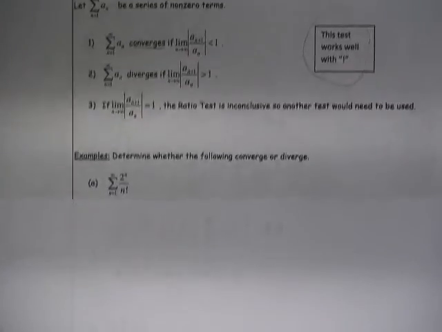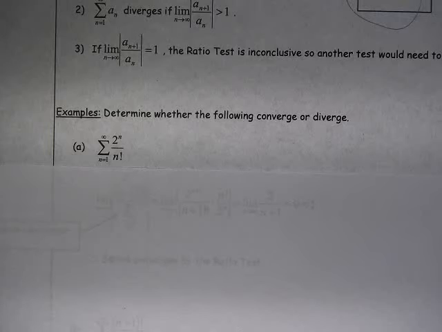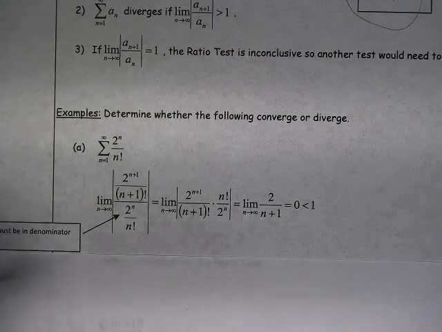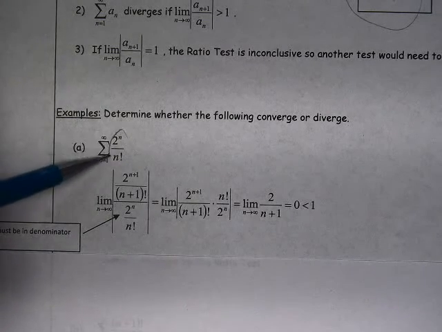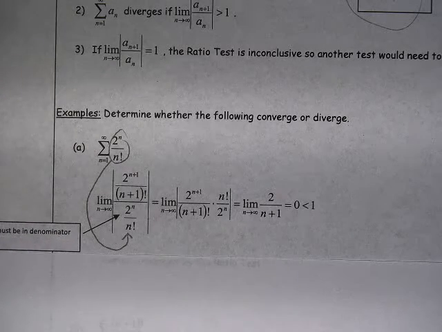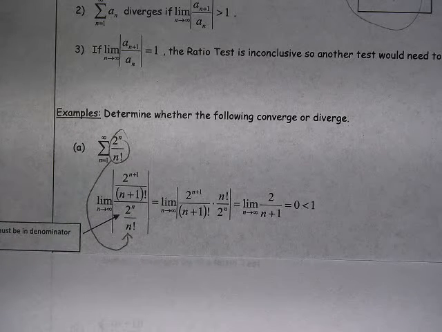So an example here: we're looking at 2 to the n over n factorial. When we set up this limit, this ratio, we want to take the original a sub n, and that's the denominator. So that has to be in the denominator.